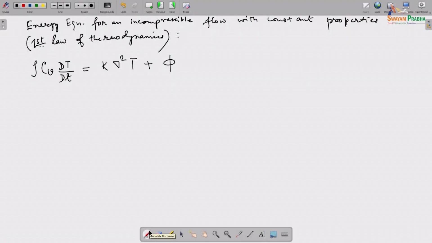Now, let me write down the dissipation function.